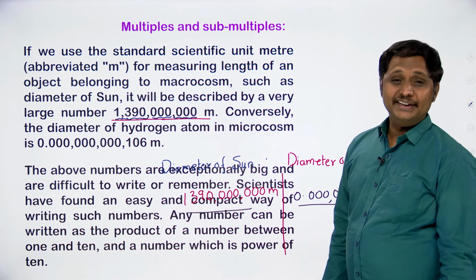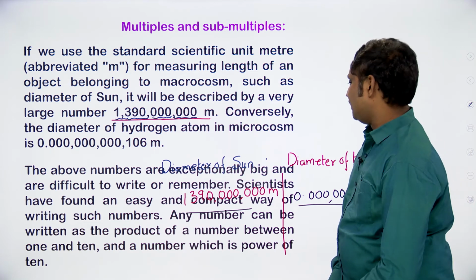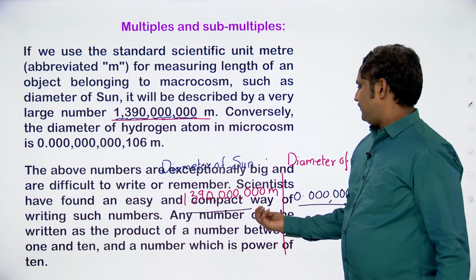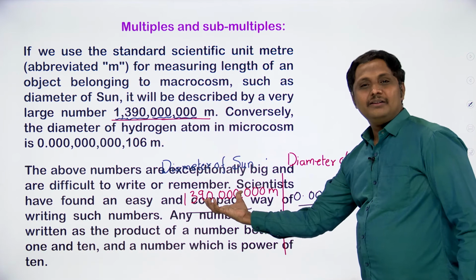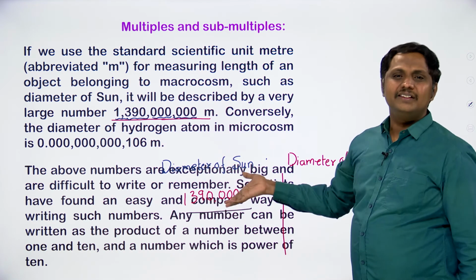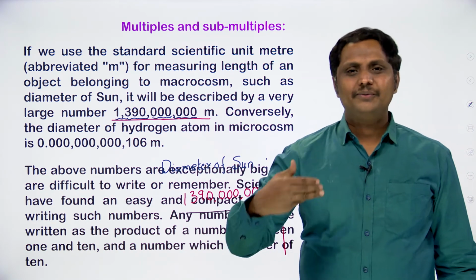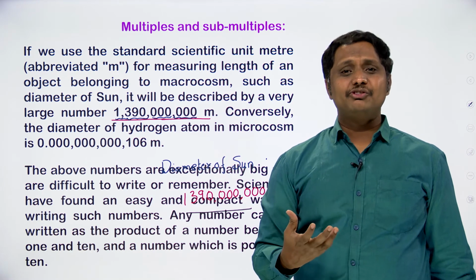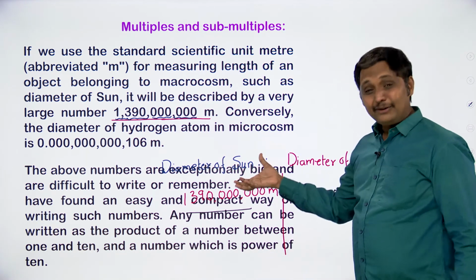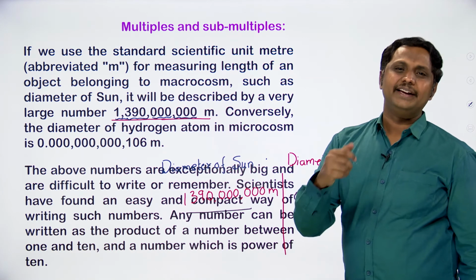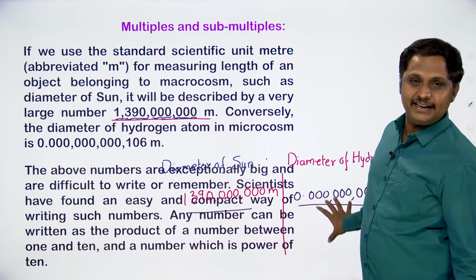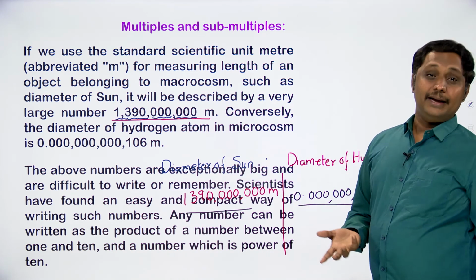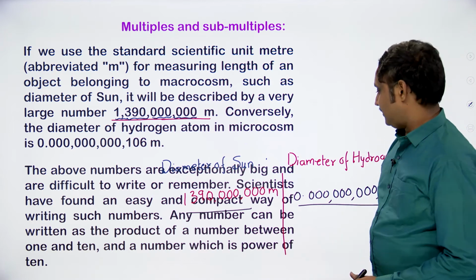You have to identify that number, which is going to be expressed by raising 10 to some power. That power indicates whether it is macroscopic or microscopic. If you are getting a positive power, it is macroscopic, and if you are getting a negative one, it is going to be microscopic. This is very clear.